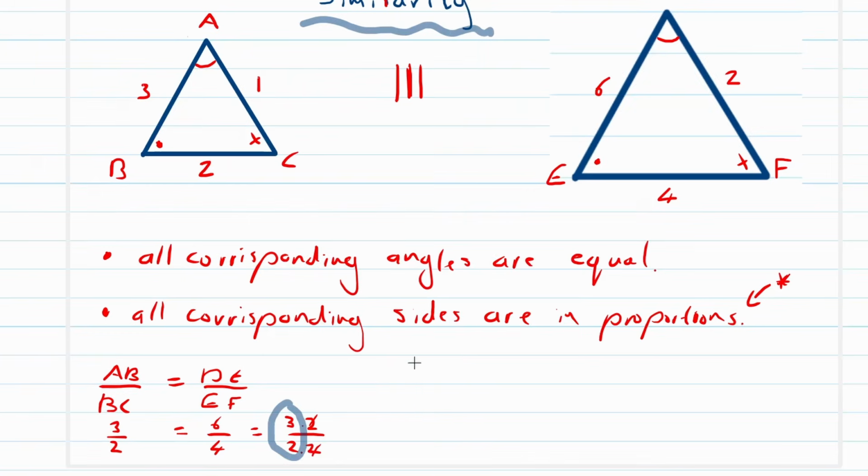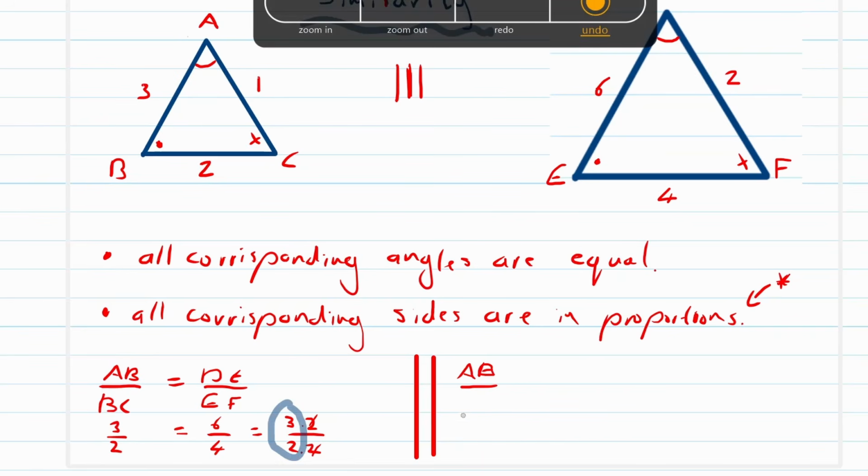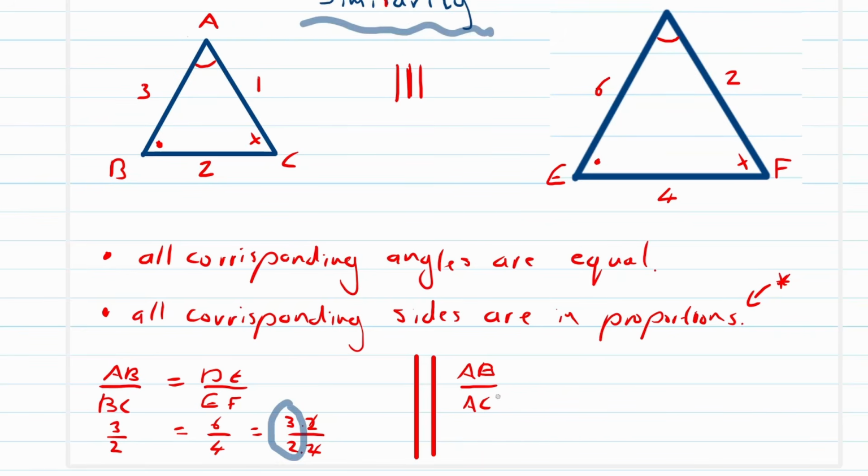Let's look at another example in proportionality, because this is also true for the other set of corresponding sides. So we will look at AB over BC, and then corresponding will have to be, well, we are not comparing BC, but we are comparing AC. Okay, AB over AC.